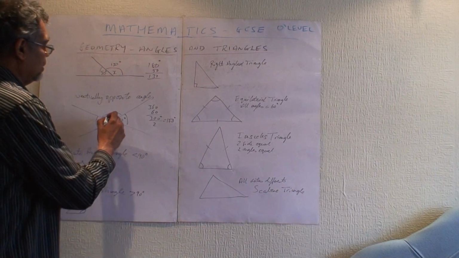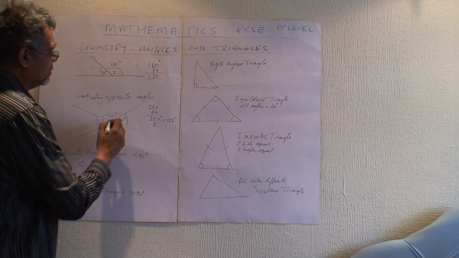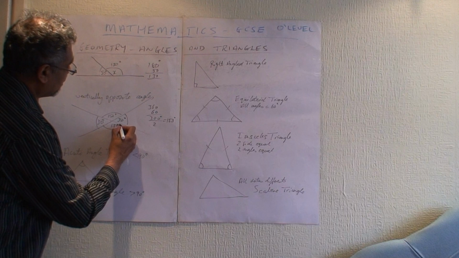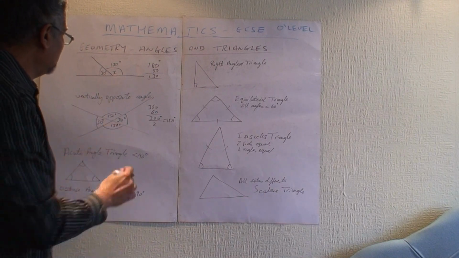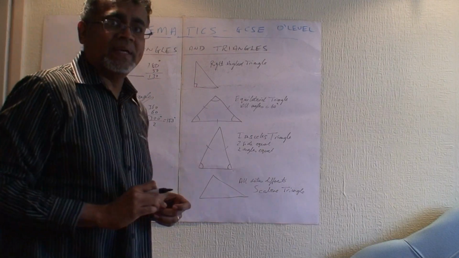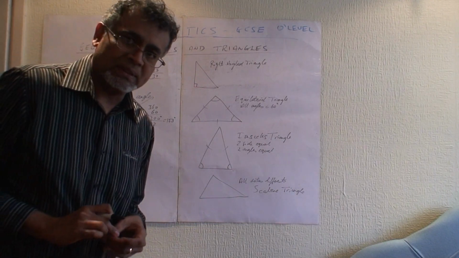So here is 150 degrees, and this is 150 degrees. Then when you add everything up together, 150, 30 and 30, we get 360 degrees.